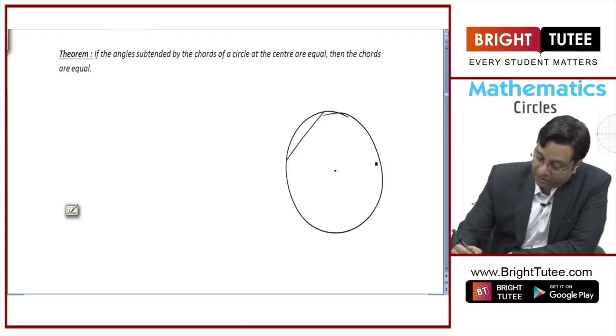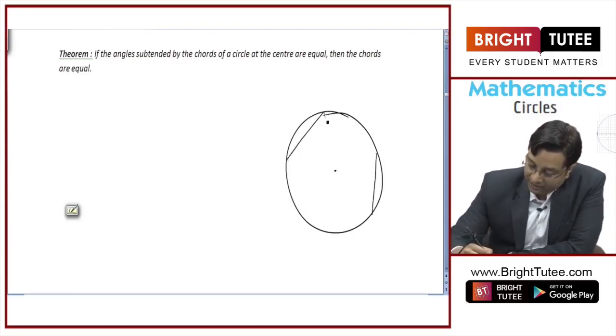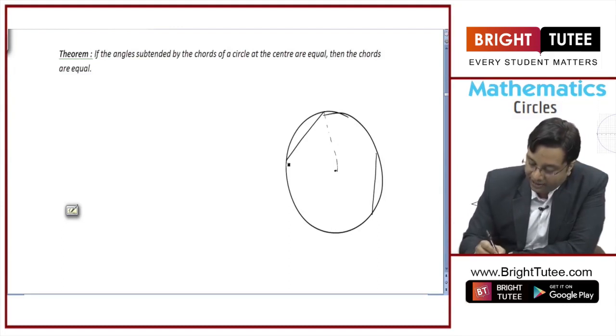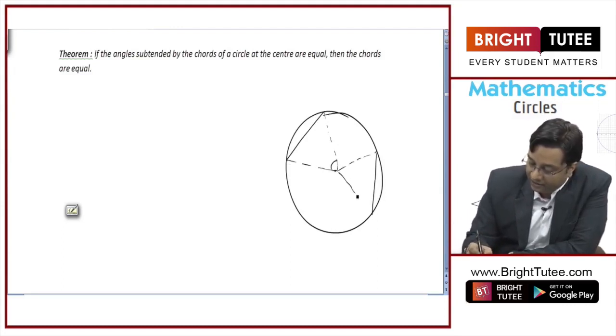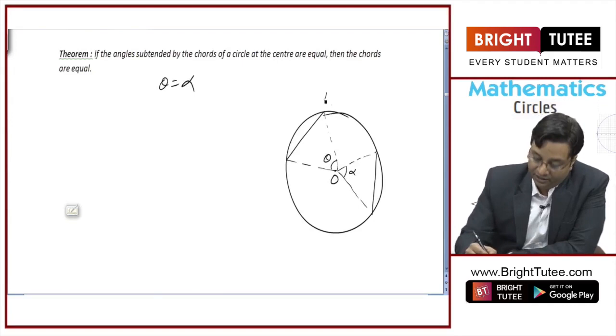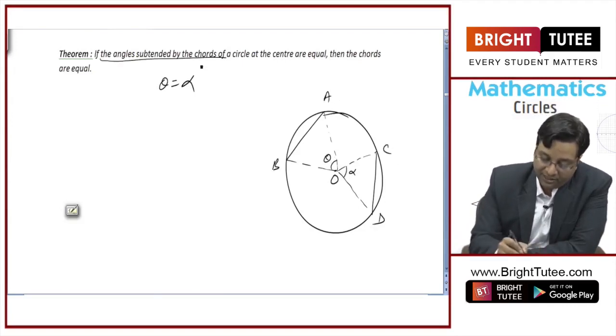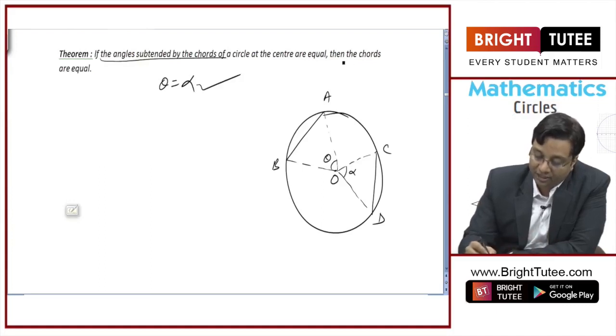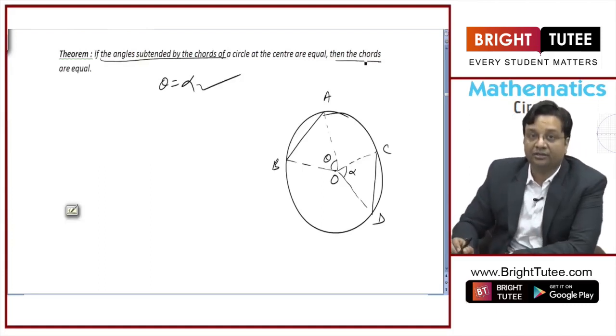This is one chord, this is another chord, and it is given that these angles are equal. So theta is equal to alpha. Let it be chord AB and chord CD.